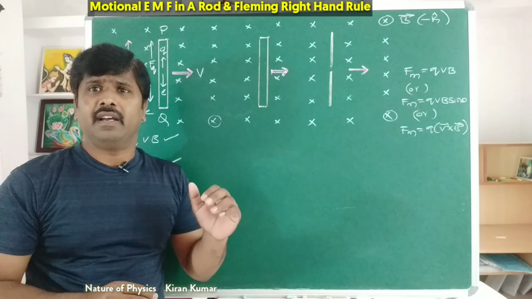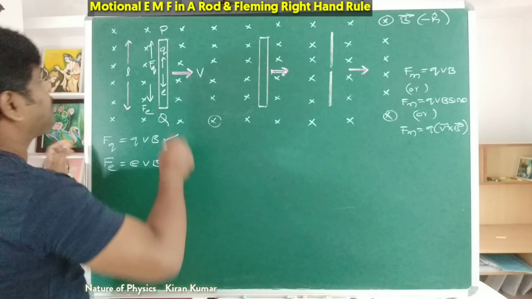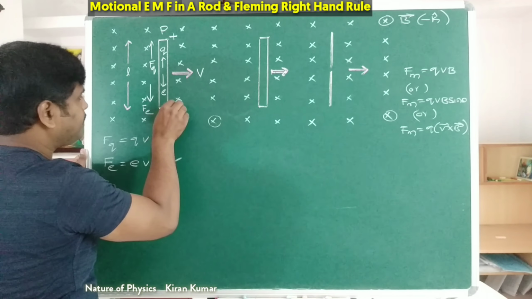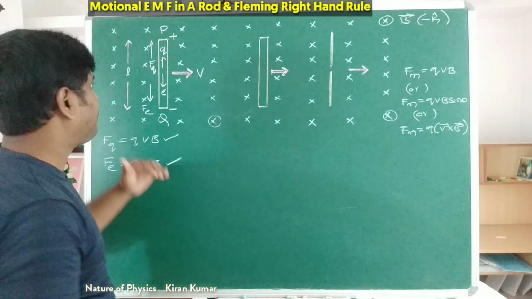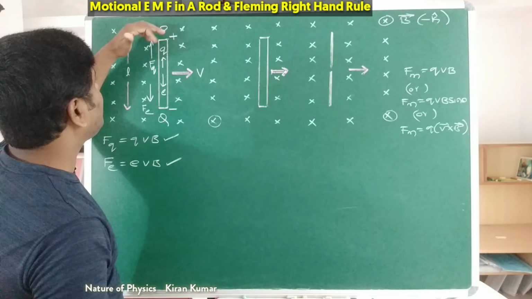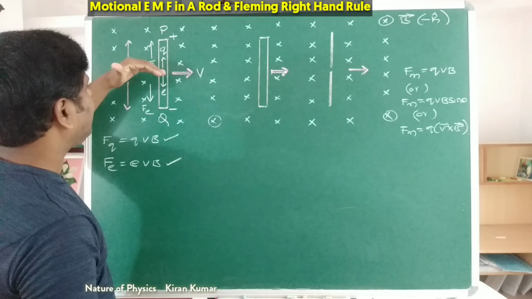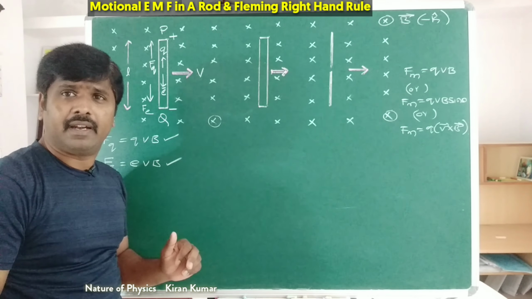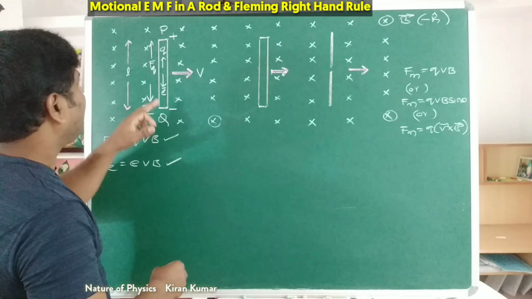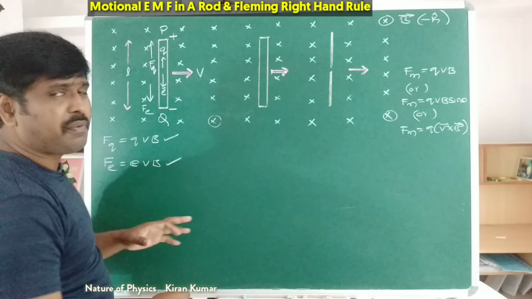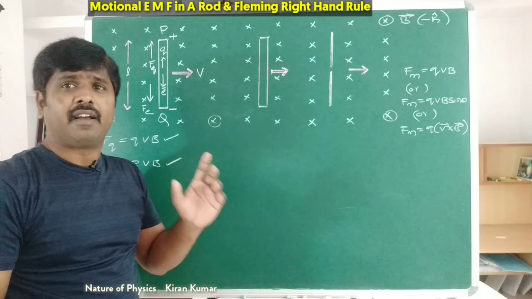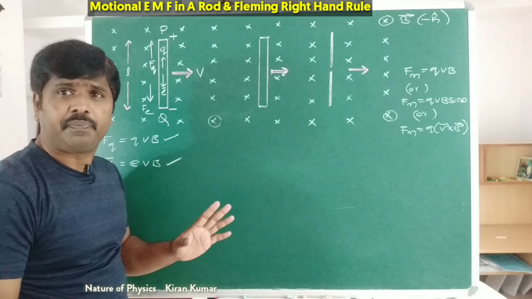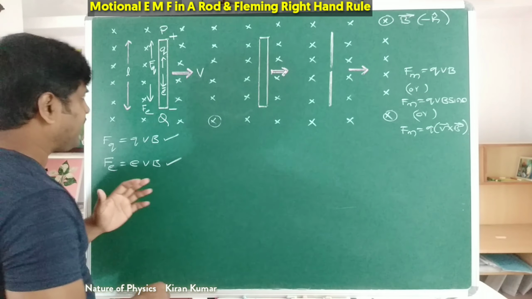This creates positive charge at the P point and negative charge at the Q point, because the positive ions move towards P and the negatively charged electrons move towards the Q end of the rod. That's why a potential difference is created in the rod. Here positive, here negative. Step by step we can discuss.